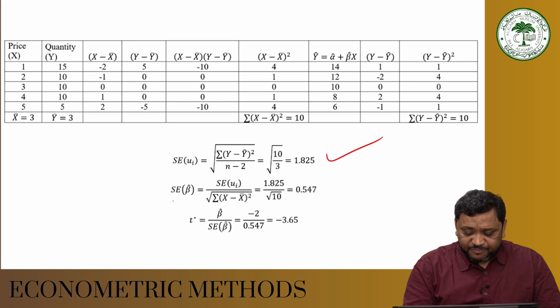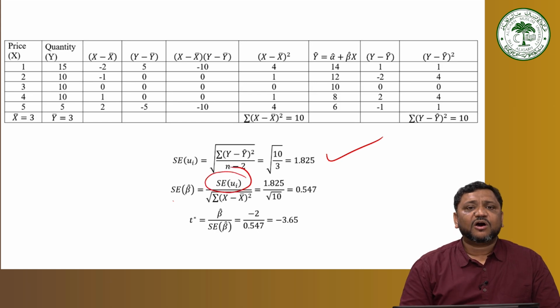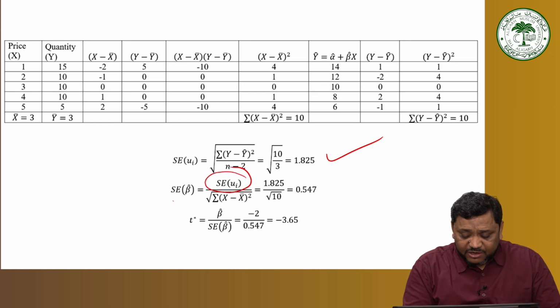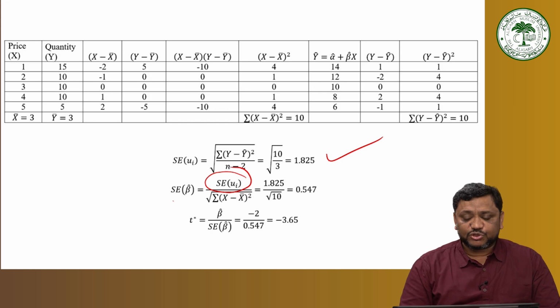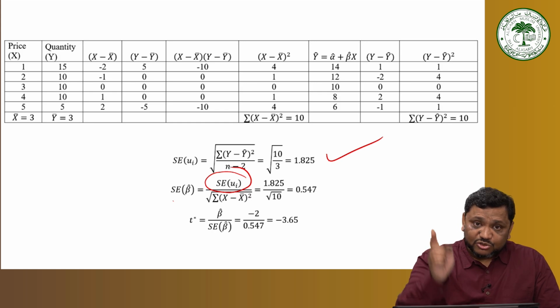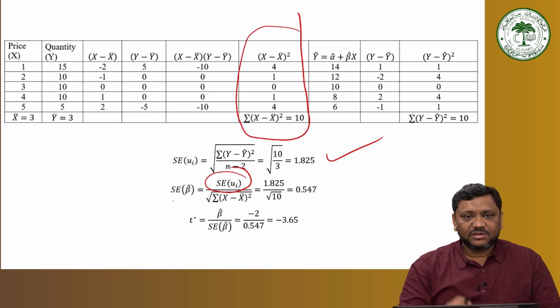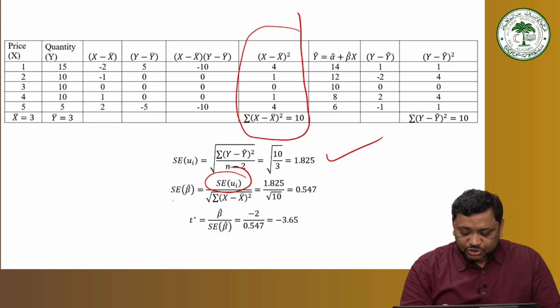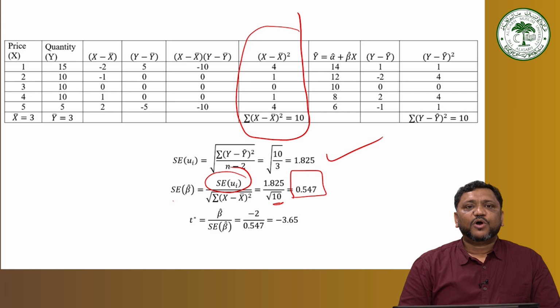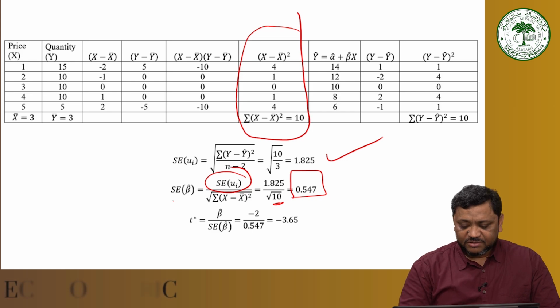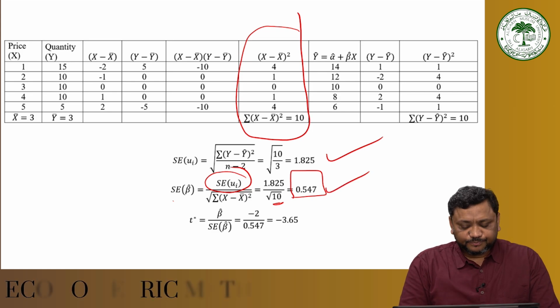The standard error of beta is nothing but the standard error of U divided by under root summation x minus x bar whole square. X minus x bar whole square, we have done the calculation when we were calculating B. There the term is the same. So we have 1.825 divided by under root 10. So this is equal to 0.547.